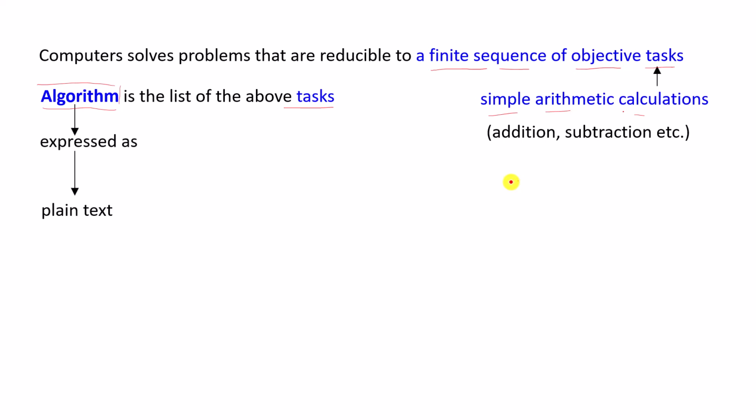One way is to write the algorithm simply as plain text, as if I am instructing someone else how to solve a problem. However, a human being may understand this plain text, but the computer will not understand the algorithm if I write it as plain text. But it is easier for us, human beings, to express the algorithm as plain text.